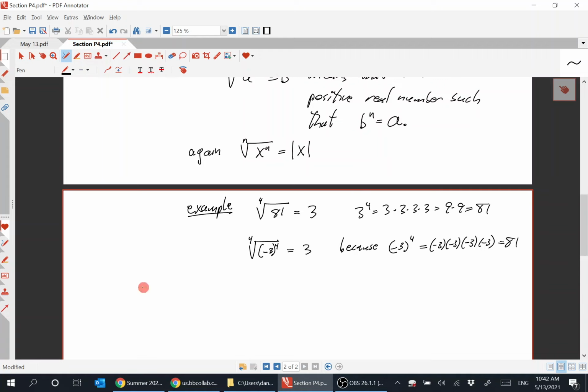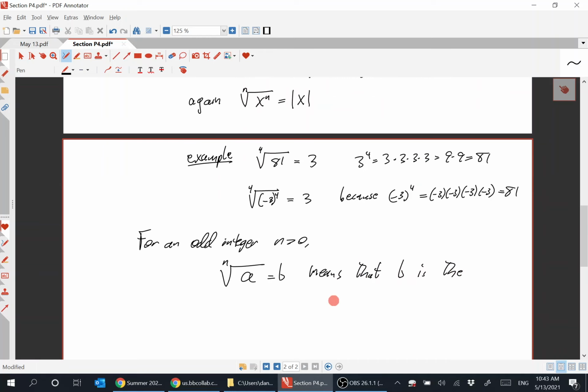When n is odd, the nth root of a is equal to b means that b is the real number such that b to the n is equal to a.